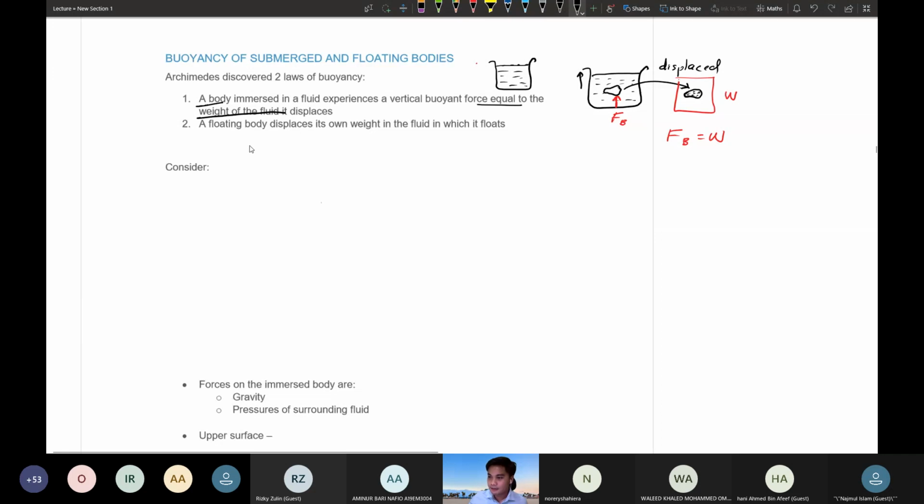All right. And the floating body displaces its own weight in the liquid in which it floats. This is what I explained previously. So let's consider the free body diagram.